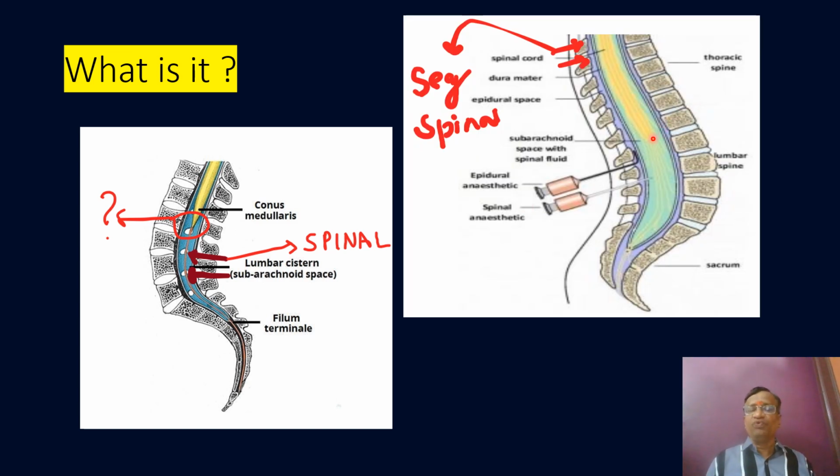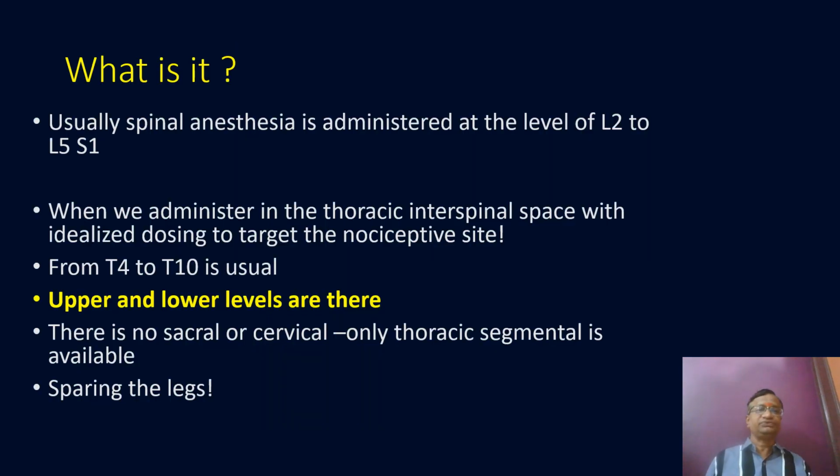Now, if you give where your spinal cord has not ended, this is the segmental spinal anesthesia. We are not giving here, we are giving in the thoracic spinal space. And we are not afraid whether the spinal cord is there or not, taking appropriate precautions. This is what is called segmental thoracic spinal.